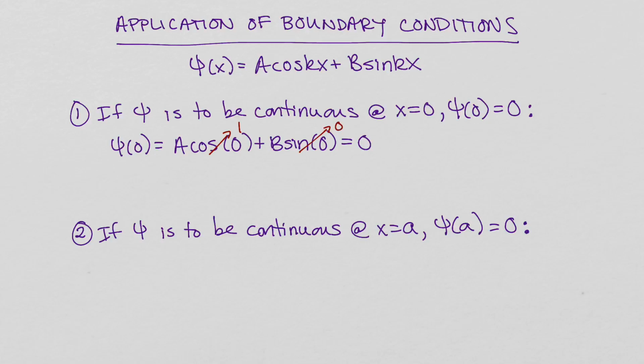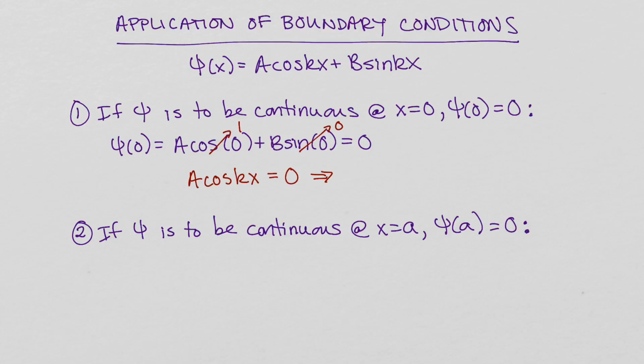So that leads us to the conclusion that a cosine of kx is equal to 0. That then leads us to the conclusion that our coefficient a is equal to 0, because we already know that cosine of kx is 1. The only way for us to get 0 then would be for our coefficient a to be 0. Okay, so there's the result of our first boundary condition.